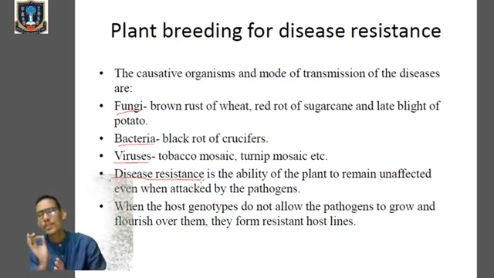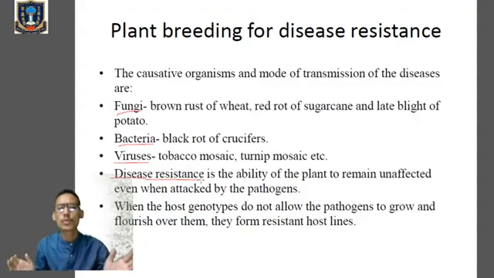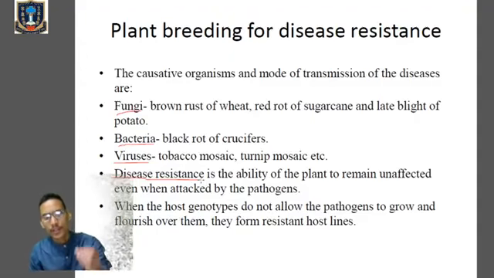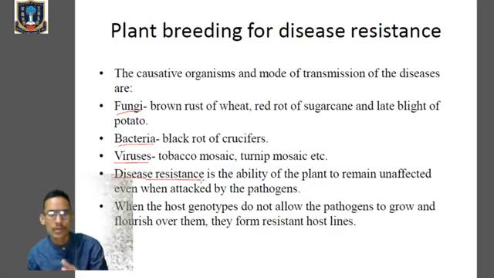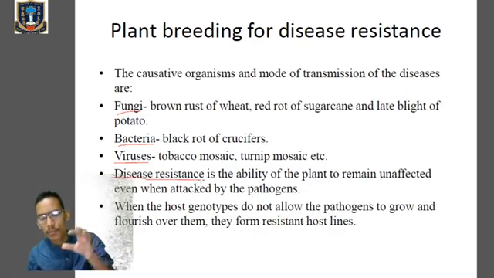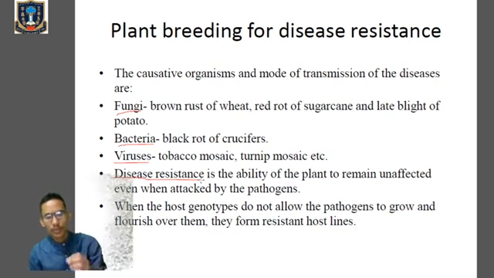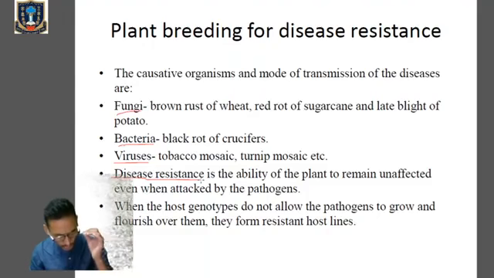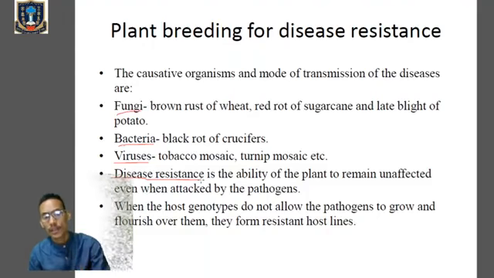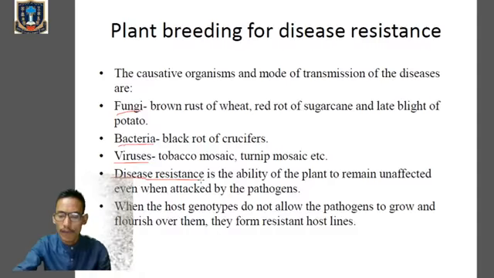And when the host genotype does not allow the pathogens to grow and flourish over it, they form a resistant host line. Okay, so remember the diseases caused by fungi, bacteria, and viruses.